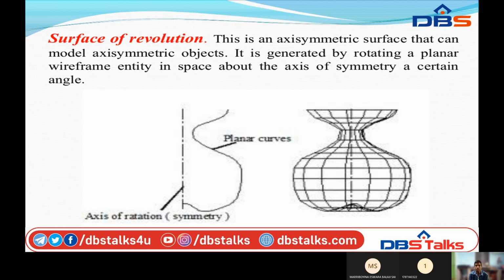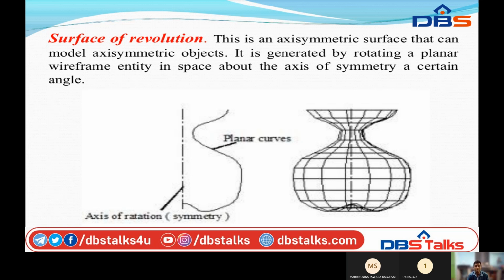In the left side figure, I am showing the difference between before and after a surface of revolution. The first figure shows the axis of rotation. Here I am taking only a two-dimensional surface. After taking the two-dimensional surface, I am rotating, or revolving, the linear model about the axis.